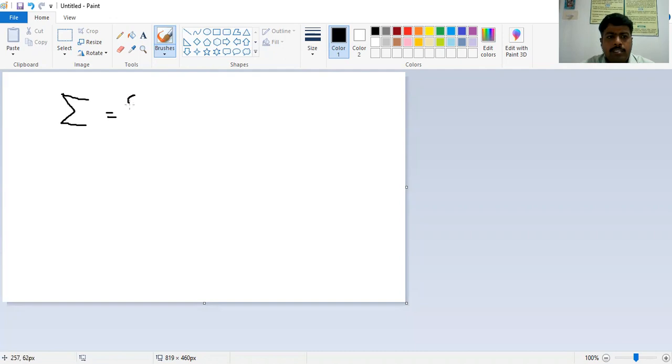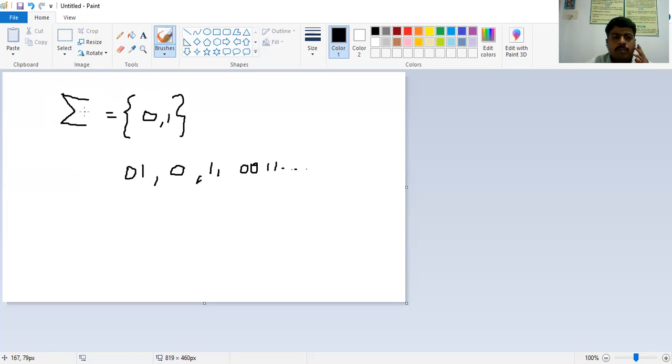For example, I indicate the alphabet equal to {0, 1}, which means with the combination of 0 and 1, we can make strings like 0, 1, 0 0, 1 1, like that. So this is your alphabet, and we indicate it with the symbol, this big summation. This is one of the basic mathematical notations.